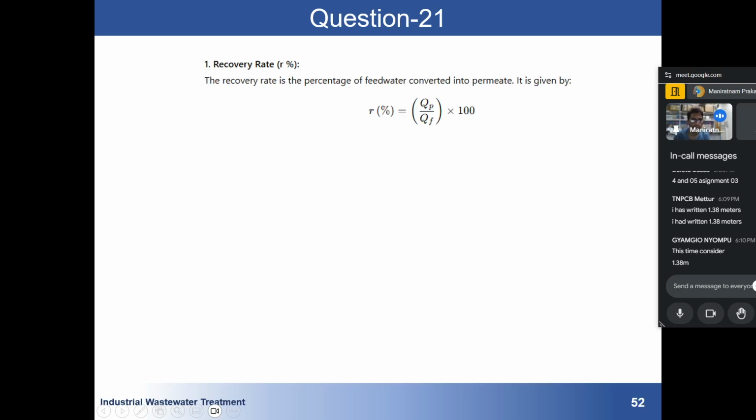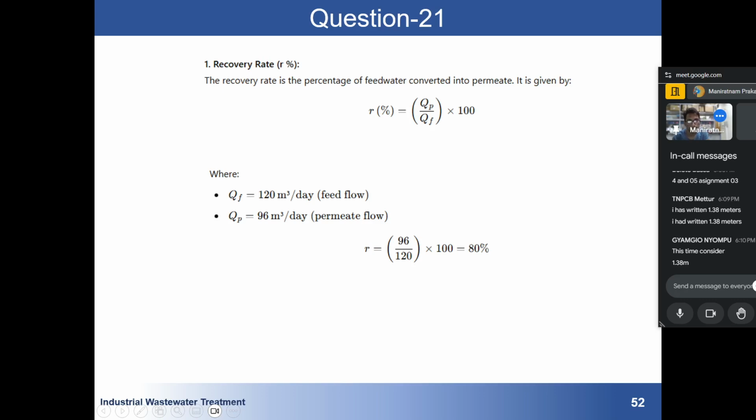The recovery percentage is given by this simple formula, that is Qp divided by Qf into 100, where Qf is the feed flow, meaning how much water is coming in. In the system we are providing some water, we are feeding, that is the feed flow. Then the permeate flow is what is coming out of the system. The formula is very simple, we put the values, then R is 80%.